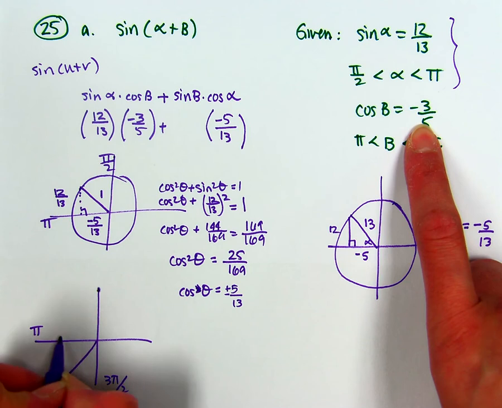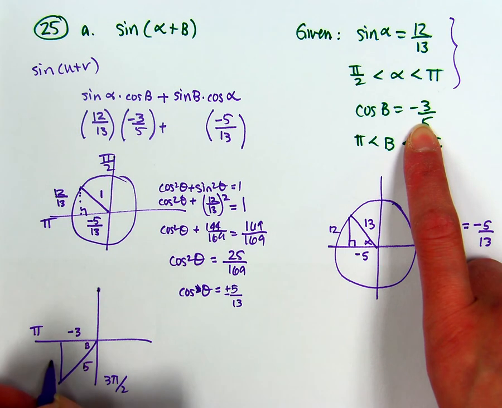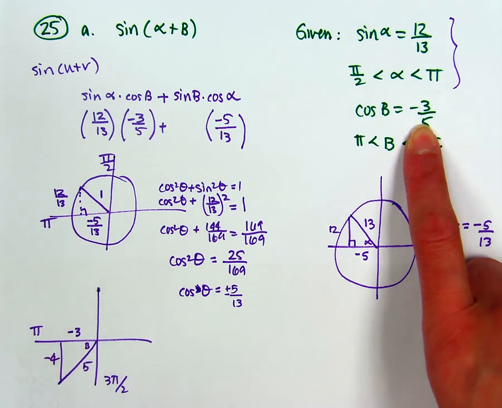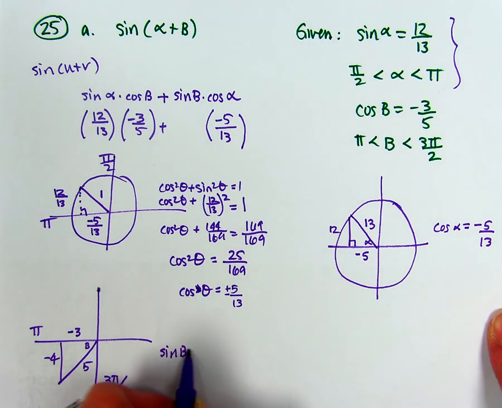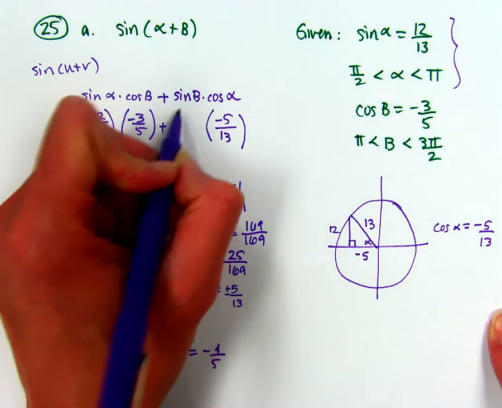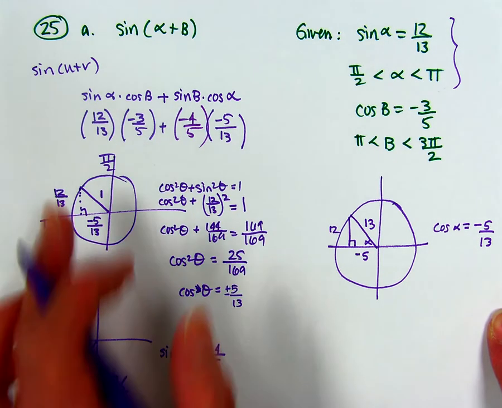So this would be adjacent over hypotenuse. And that's a 3, 4, 5 triangle. But since it's in quadrant 3, I know that those two have to be negative, x's and y's. So we need to figure out what sine is. Sine of beta is opposite over hypotenuse, so that means negative 4/5.